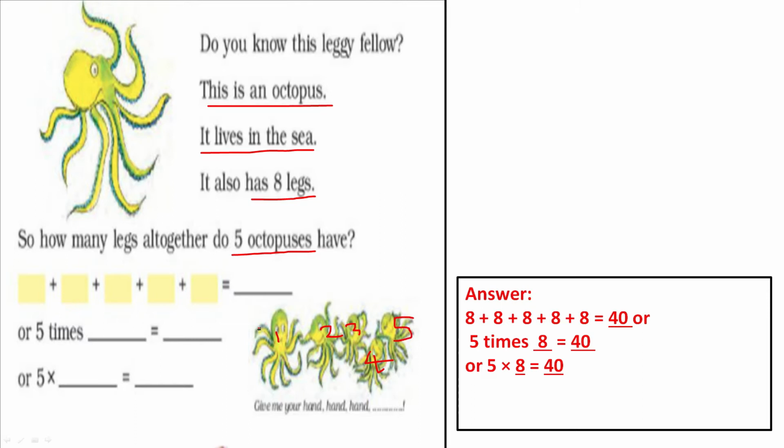Each octopus has 8 legs. So 8 plus 8 plus 8 plus 8 plus 8. Totally 40 legs are there. 5 times 8 is equal to 40. 5 8s are 40.